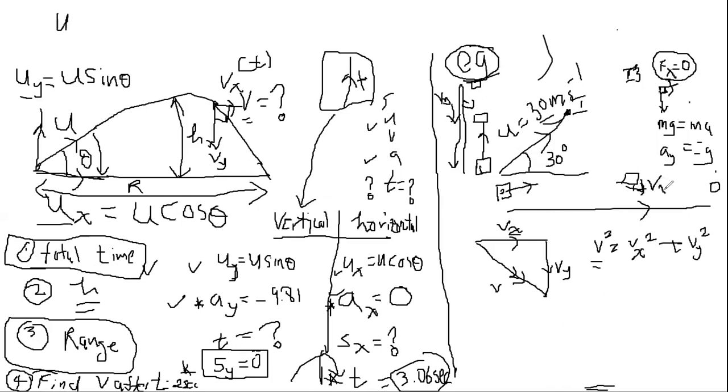This is your Vx. If you know the Vx and Vy values at 2 seconds, you can find V, the speed of the object. Now question 4: find the V after 2 seconds. To find V, find Vx and Vy.